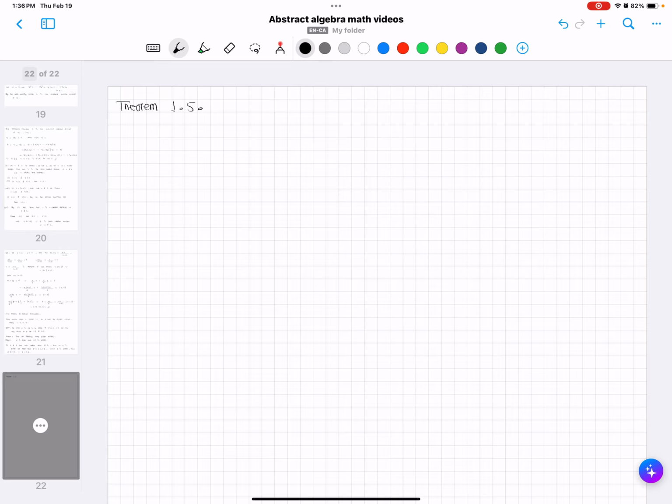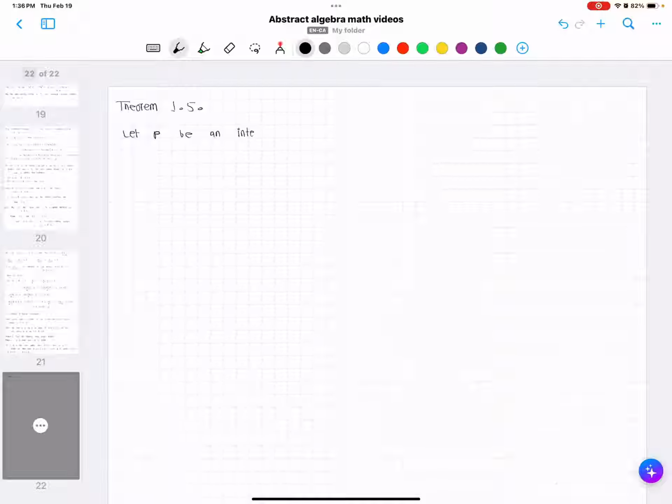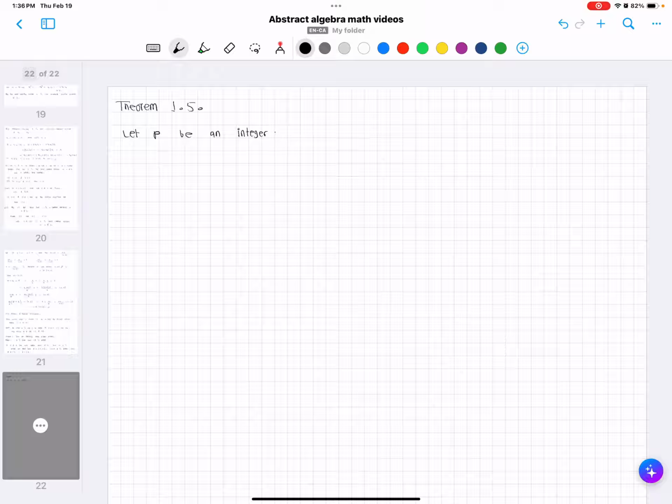It tells you: let p be an integer with p not equal to 0 and plus or minus 1, and then p is prime if and only if p has this property.